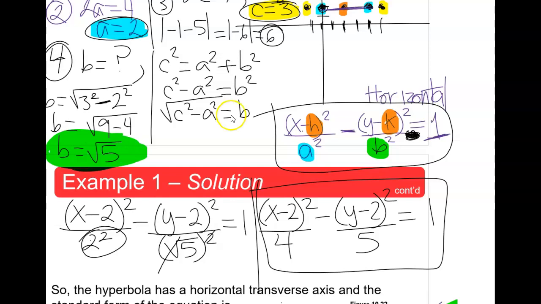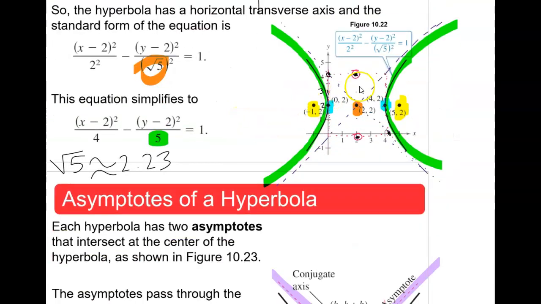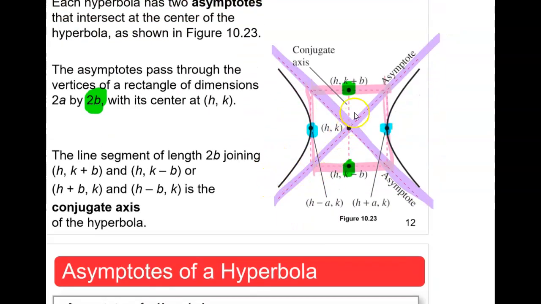You can see it here. So that's why I positioned those points above the center and below the center. They're on the axis that is not the transverse axis. And so the distance from each point to the center is b. So if you put them together, you get 2b for this axis. For the transverse axis, it will be a and a, and that's why the distance is considered to be 2a.